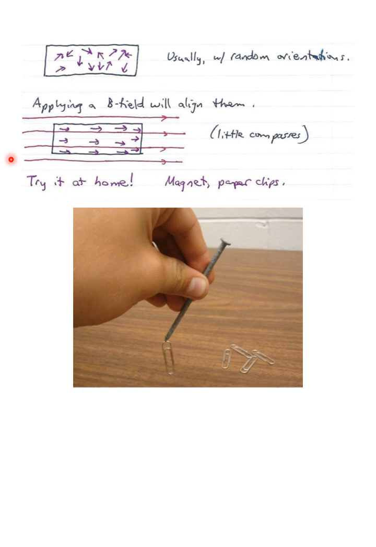Now, this state of aligned domains is a highly ordered state that is very subject to being brought into disorder. So if you drop the nail, or bang it on the table a few times, the domains will go into random alignment again.